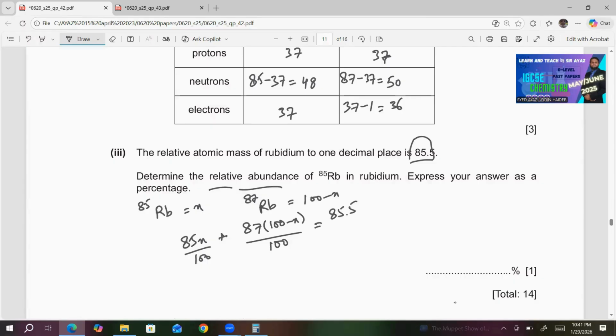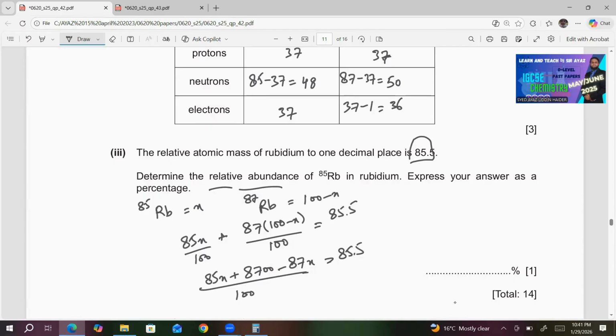Further solving, we have 85X plus 87 multiplied by 100. What will you get? You will get 8700 minus 87X.